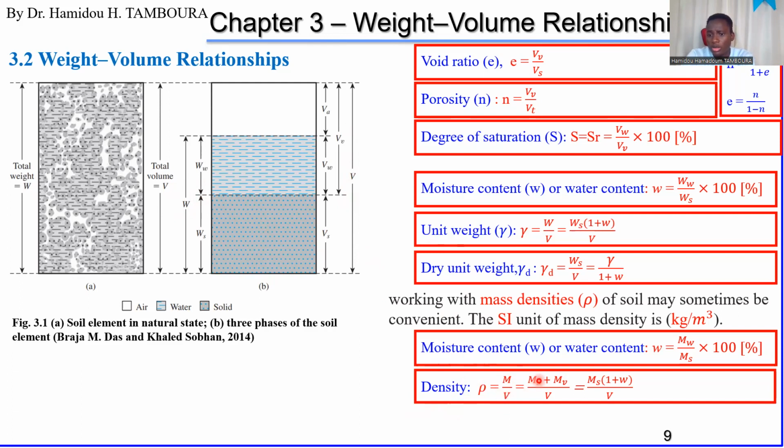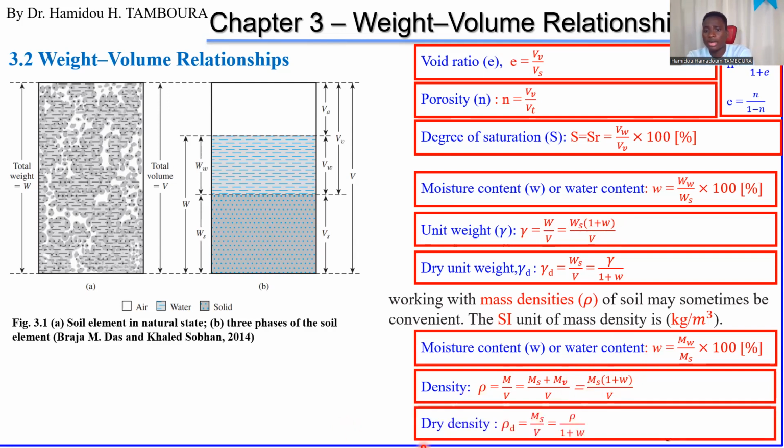And of course, total mass will be mass of solid plus mass of void, which is just the mass of water, because we know that the mass of air is neglected. Okay, so I will fix it later. So we can obtain it the same way we did here. Instead of Ws, we can use Ms, mass of solid, to obtain this density also.